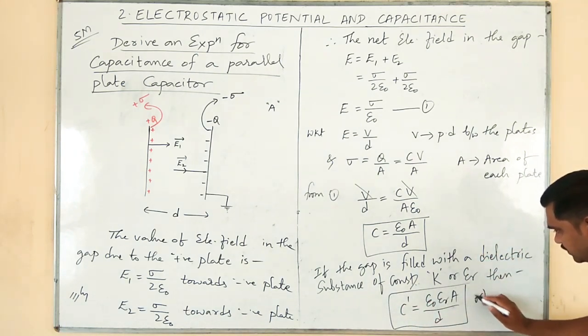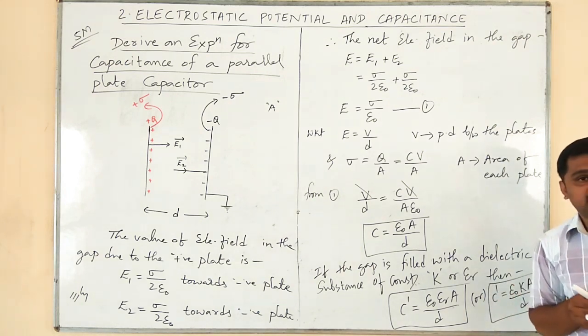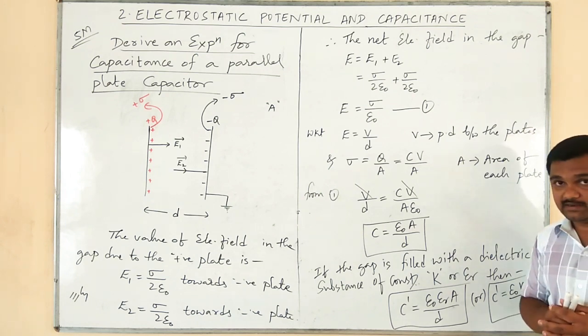Or simply we can write C prime is equal to epsilon naught K A over d. This is the expression for capacitance of a parallel plate capacitor.